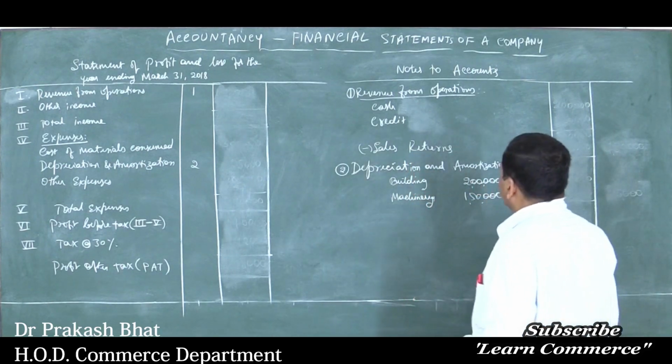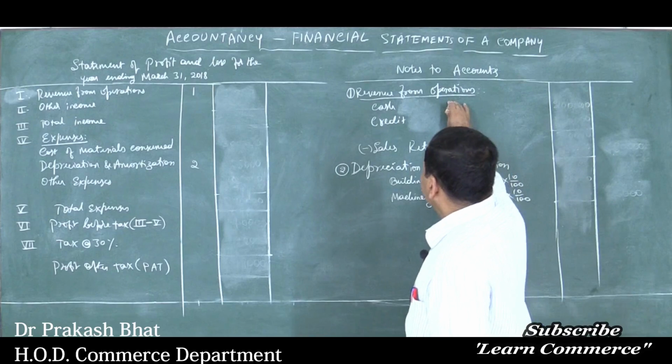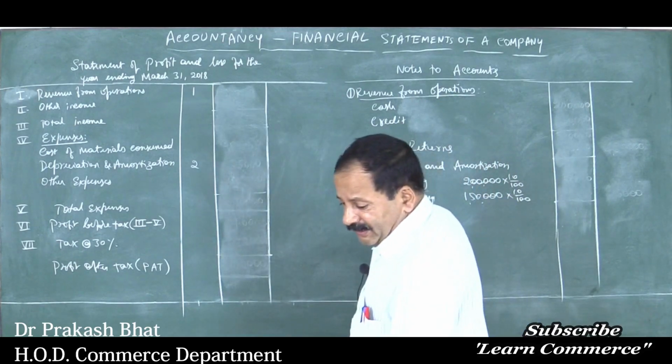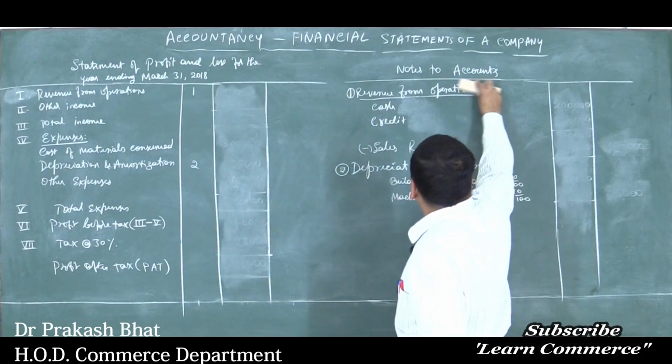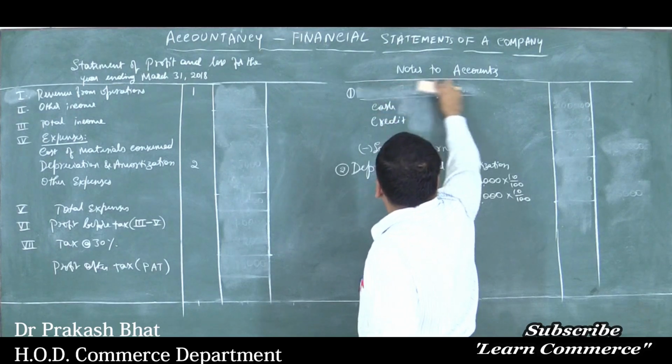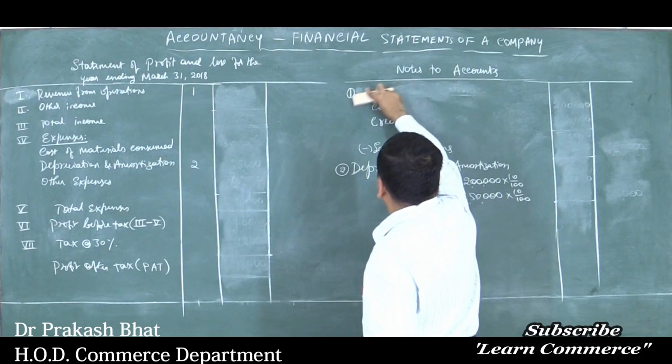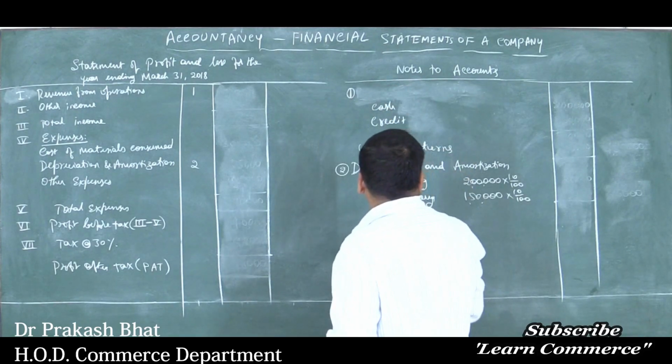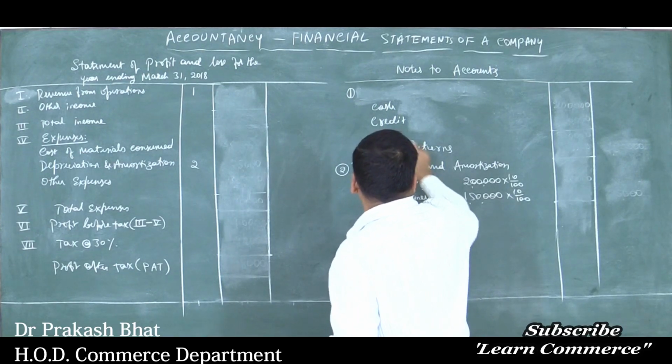So that we will take up here. Here revenue from operations should be taken as cost of material consumed, cash and credit. Then purchase returns.